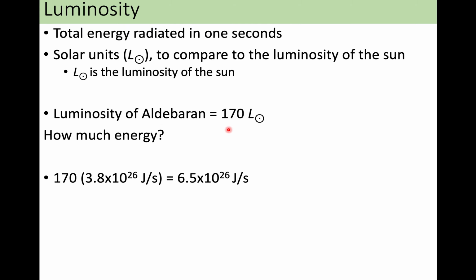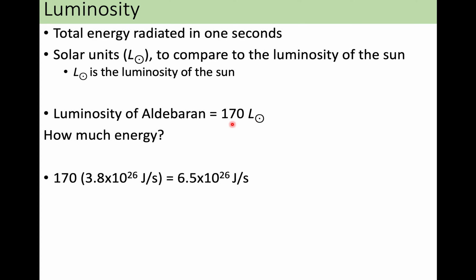So this star here, for example, has a luminosity of 170 solar units. That means it has 170 times more energy radiated than the energy radiated from our sun.